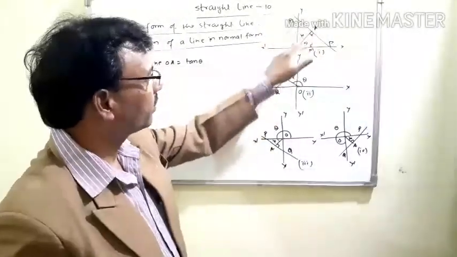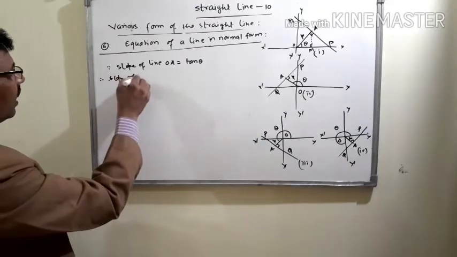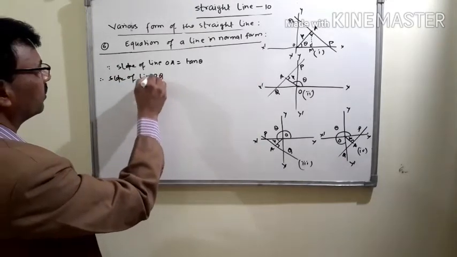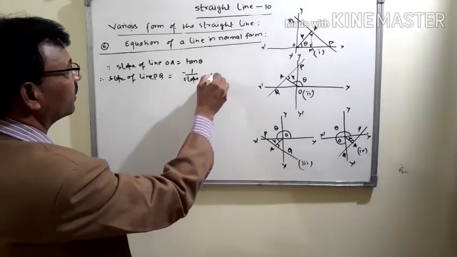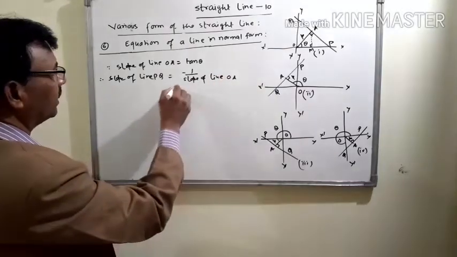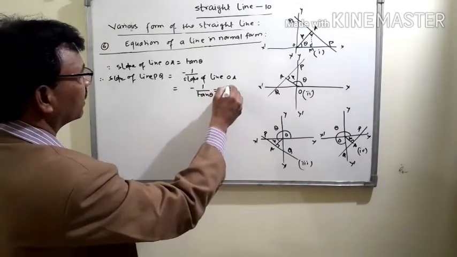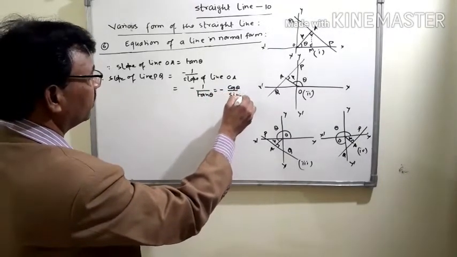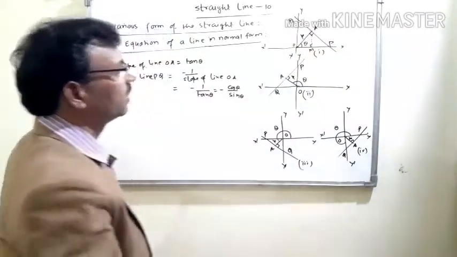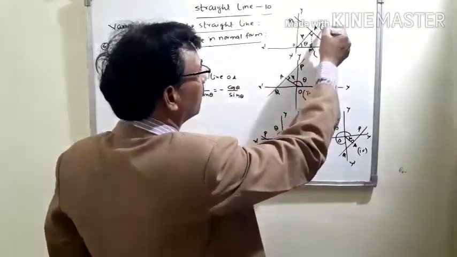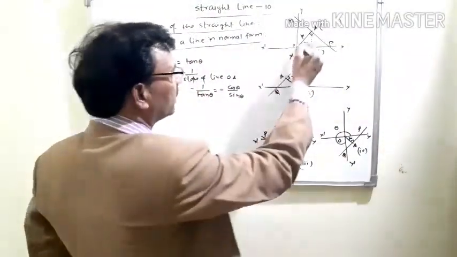Since line PQ is perpendicular to OA, the slope of line PQ is equal to minus 1 upon the slope of line OA, which is minus 1 upon tan theta, or minus cos theta upon sin theta. This is the slope of line PQ.